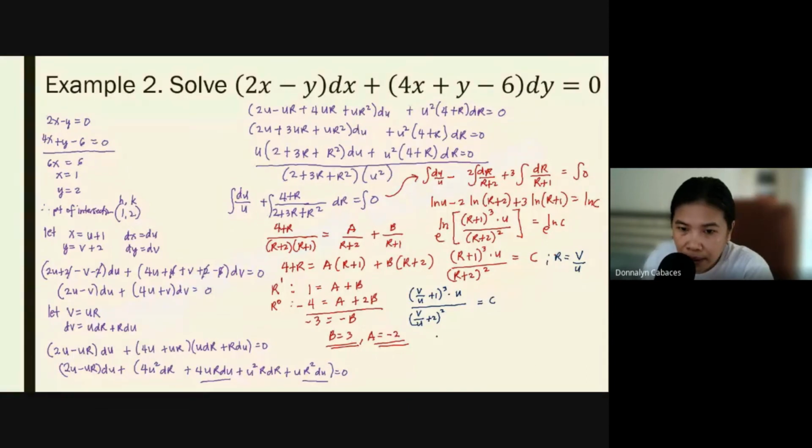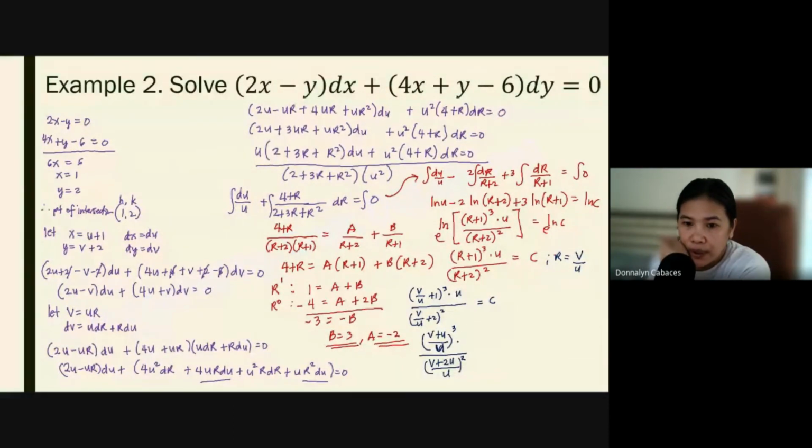So simplifying, you have V plus U over V cube over V plus 2, sorry, this is over U. Over U, 2U over U square.